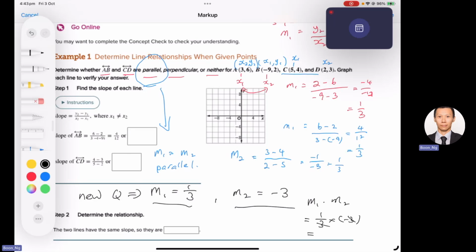You can simplify it and you get -1. If that's the case, this means the two lines are perpendicular. All right, that's it.